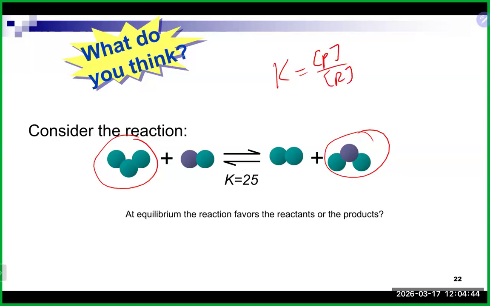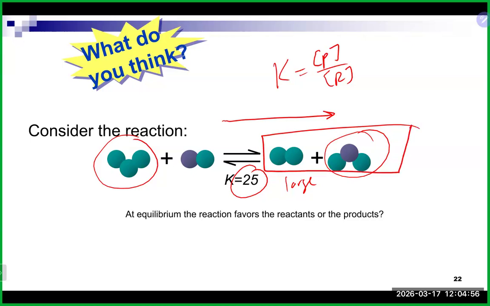And 25 is considered a large value of K, anything 1 and above. That would mean we would expect the reaction to head in this direction, and we should have some pretty good concentrations on the side of our products. Once again, it still means we have some reactants there, but we would mainly see products at this point.